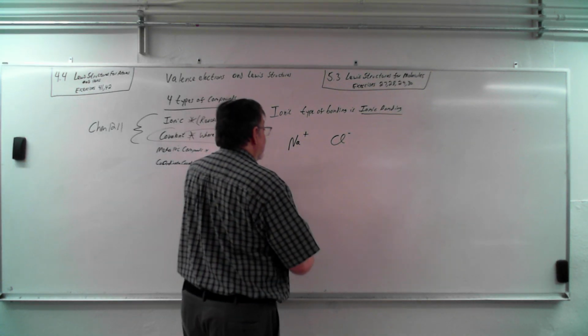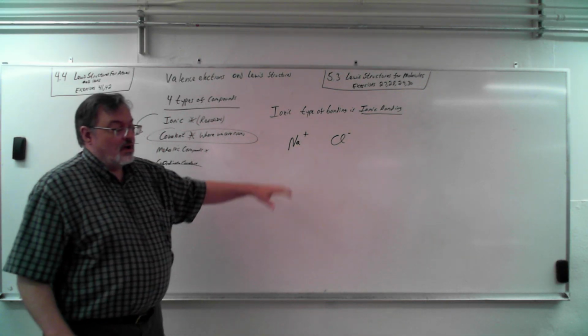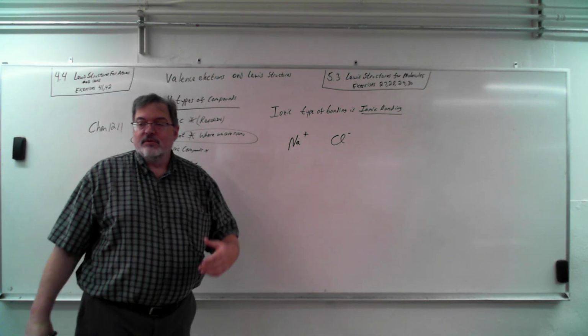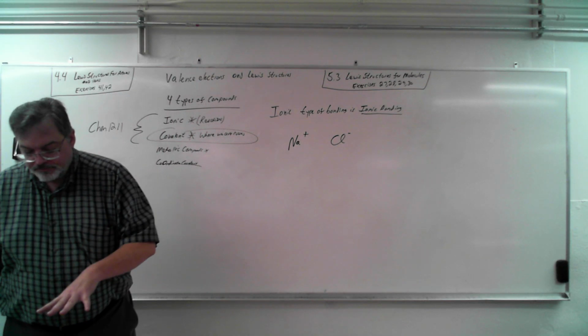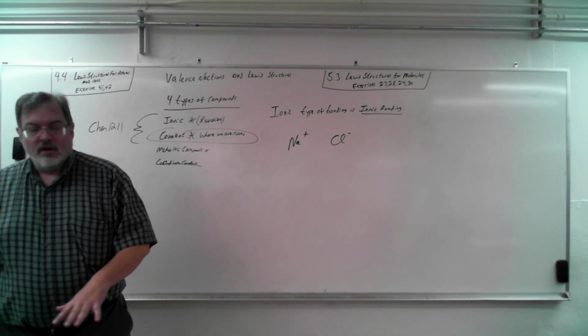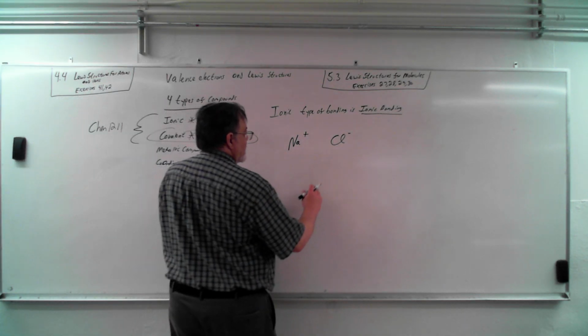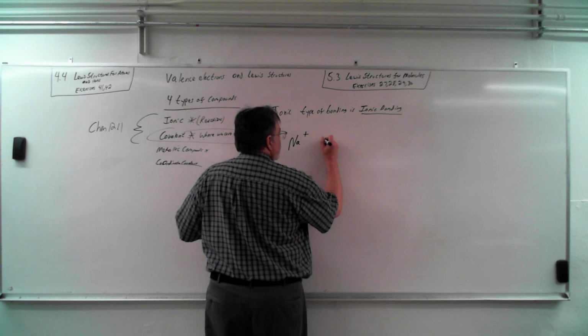And if I wanted to tell you what the structure of NaCl is, table salt, if you dumped out some table salt, you see the compound laying on the counter. The structure of NaCl is this.